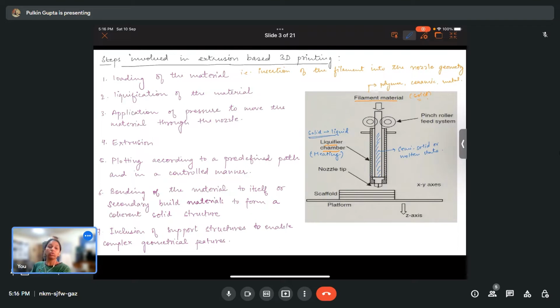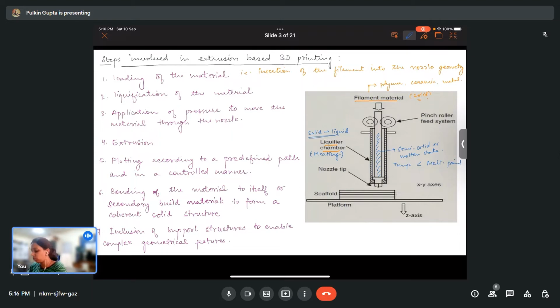Here the temperature is such that it always remains below the melting point of the material. So this was the liquefaction of the material.